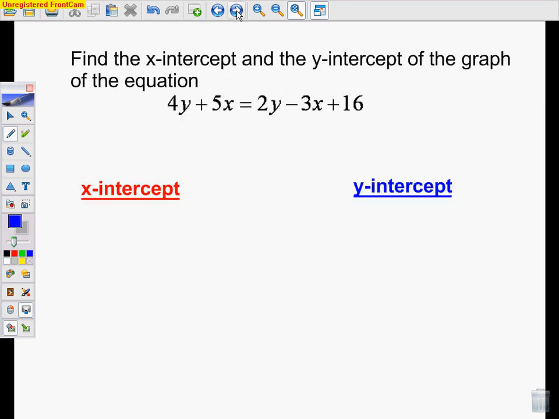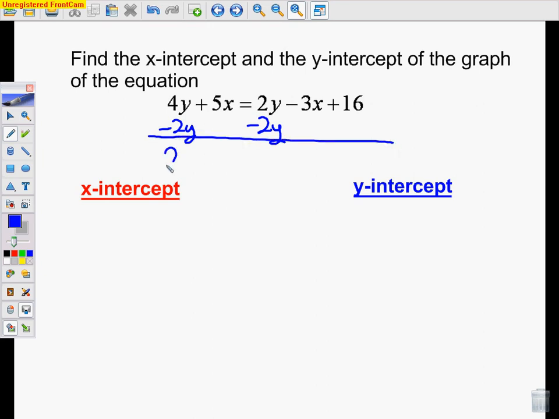This one is a little different because it's not in standard form. So what I would do with this one first is put it in standard form. I would move this 2y over. In fact, you can move the 2y over and the 3x over at the same time if you wanted to. I won't do that right now because I don't want to confuse anybody.